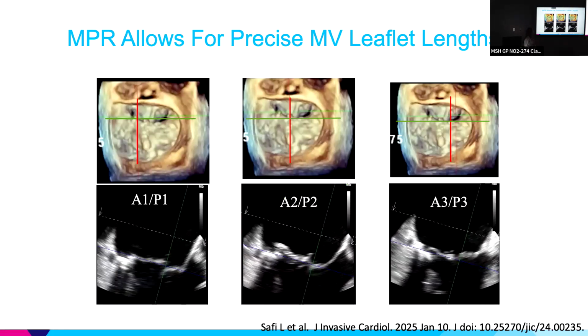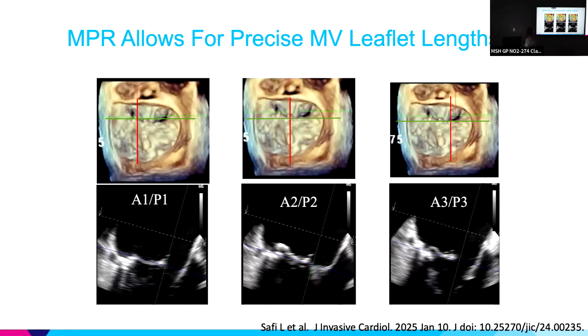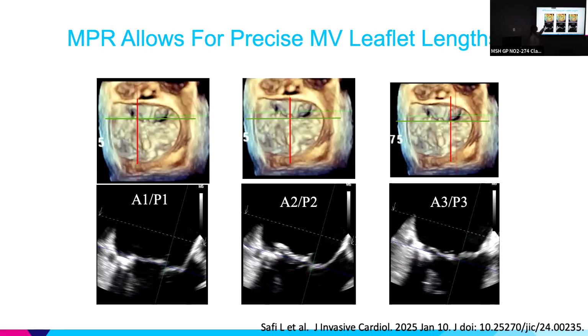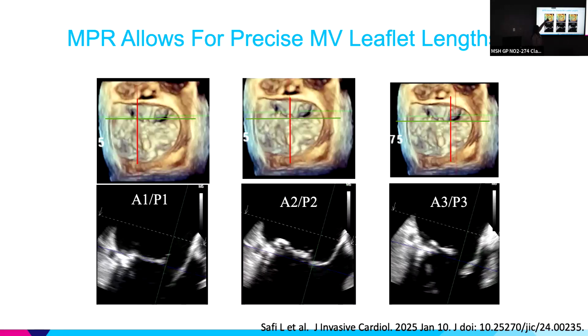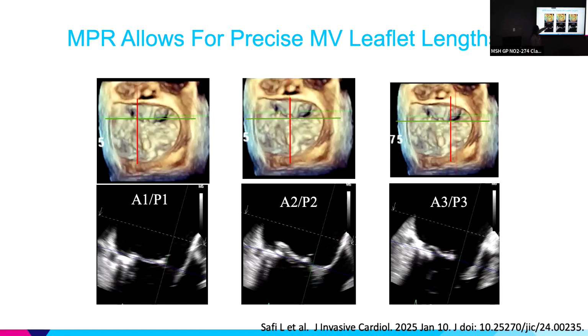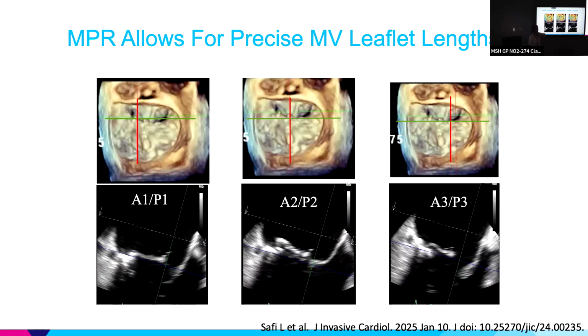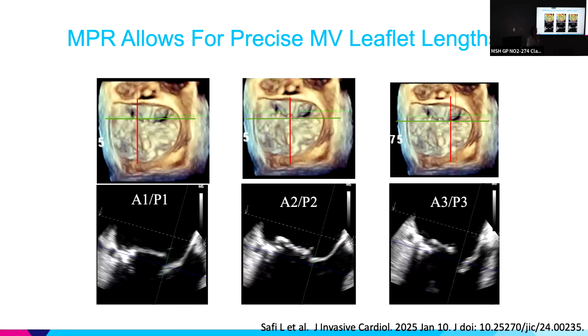When you're in MPR, you can sweep through the valve just like you would on the 2D sweep. So we moved it over to where it was leaking, around the A1, P1. And sure enough, you can see that there is posterior and anterior leaflet there. But it really wasn't appreciated, and you don't know exactly which level you're at unless you sweep through with MPR.